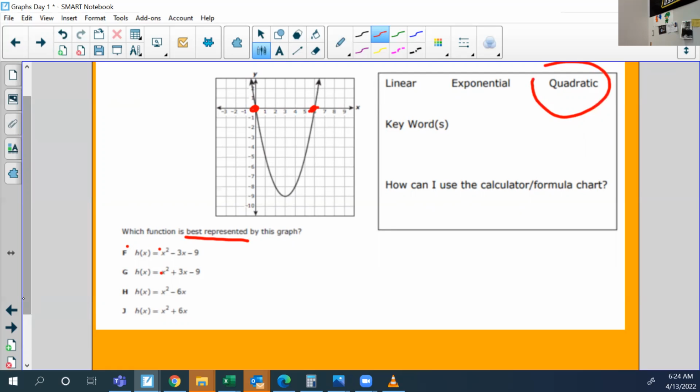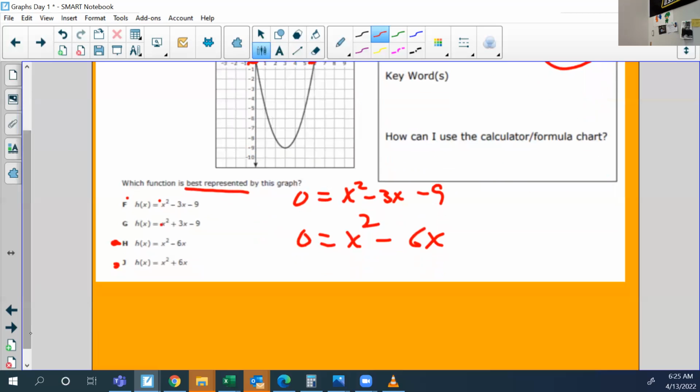Or if you recognize this now, to find the x and y intercepts, we set the equation equal to 0. So we set 0 equal to x squared minus 6x, and factor.